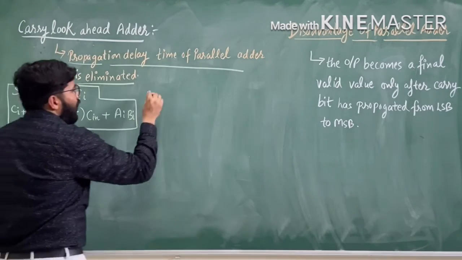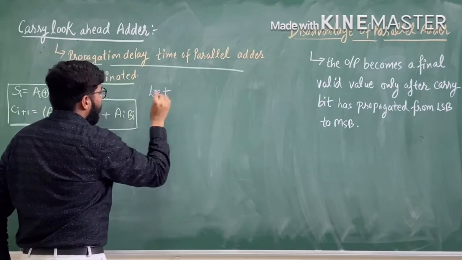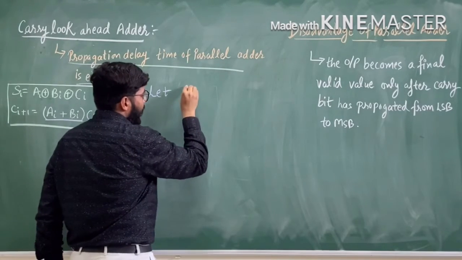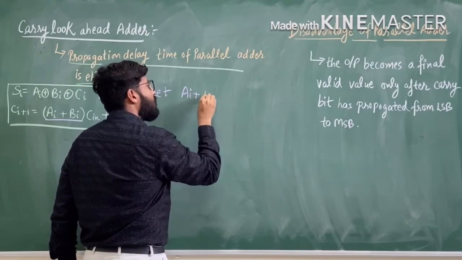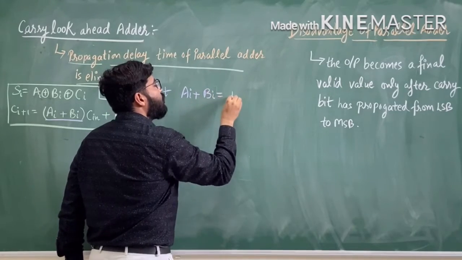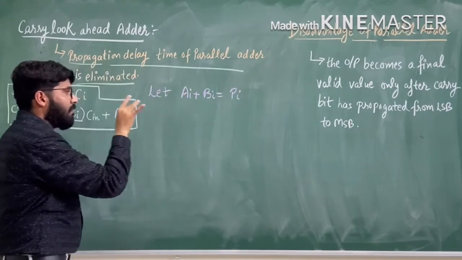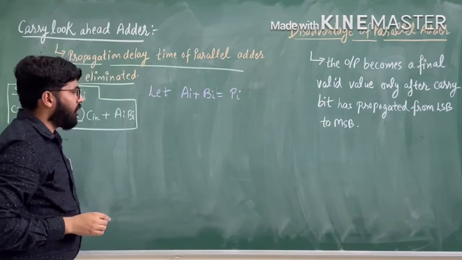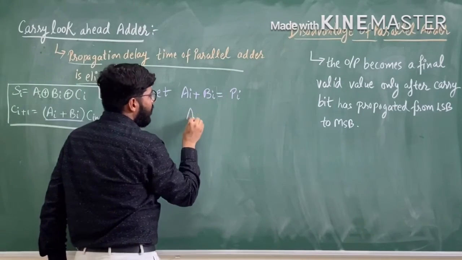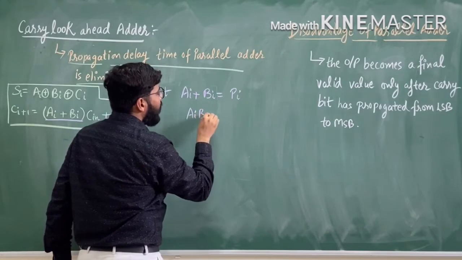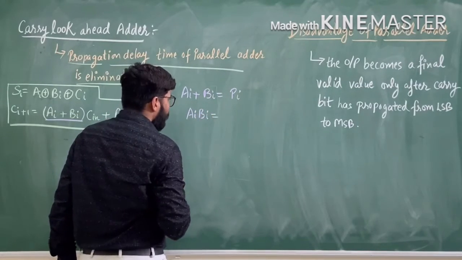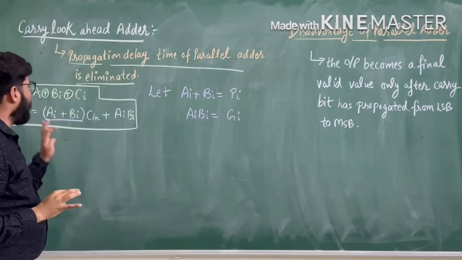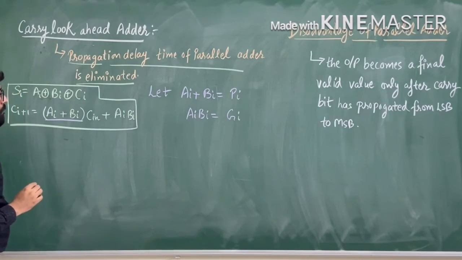Suppose we assume Ai XOR Bi equals Pi. Suppose it is another variable, and Ai into Bi we assume Gi. These two variables we substitute in the expressions for Si and Ci+1.